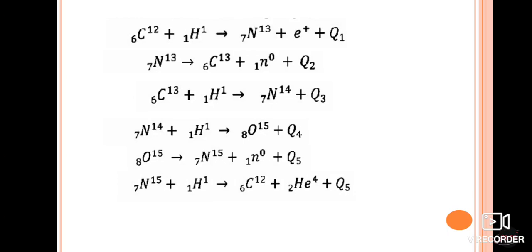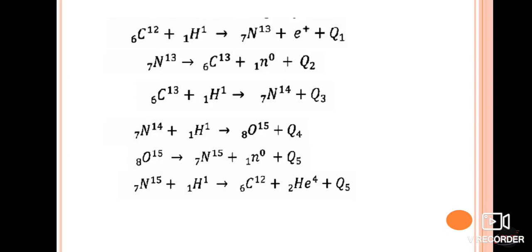Therefore, in the last step of this process, N7 15 plus 1H1 comes back to C6 12, and 1H1 is replaced by 2He4 plus this Q5. So this is the carbon-nitrogen cycle.